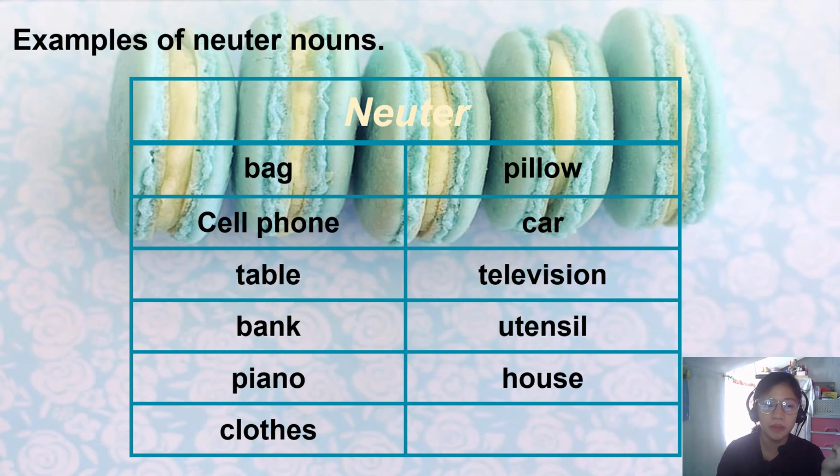So we have here bag, cell phone, table, bank, piano, clothes, pillow, car, television, utensils, house. Okay? So these nouns are not referring to any girl or boy. Okay? So that is why we call it neuter, because they are non-living things. Okay? So when you say non-living things, we call it neuter gender.